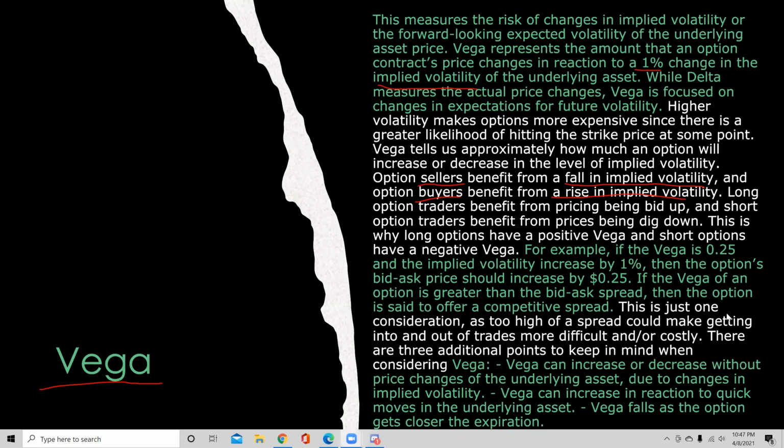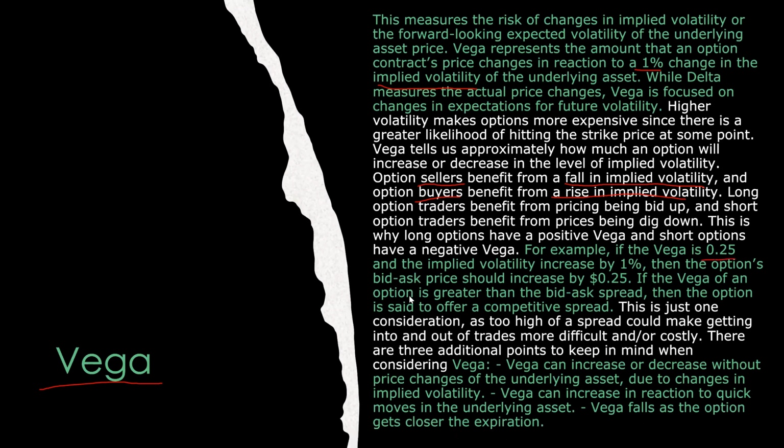For example, if the Vega is 0.25 and the IV increases by 1%, then the option's bid-ask price should increase by 0.25. We multiply that 0.25 by 100 because we're options traders, and you get $25 that the options premium will increase. If the Vega of an option is greater than the bid-ask spread, then the option is said to offer a competitive spread.